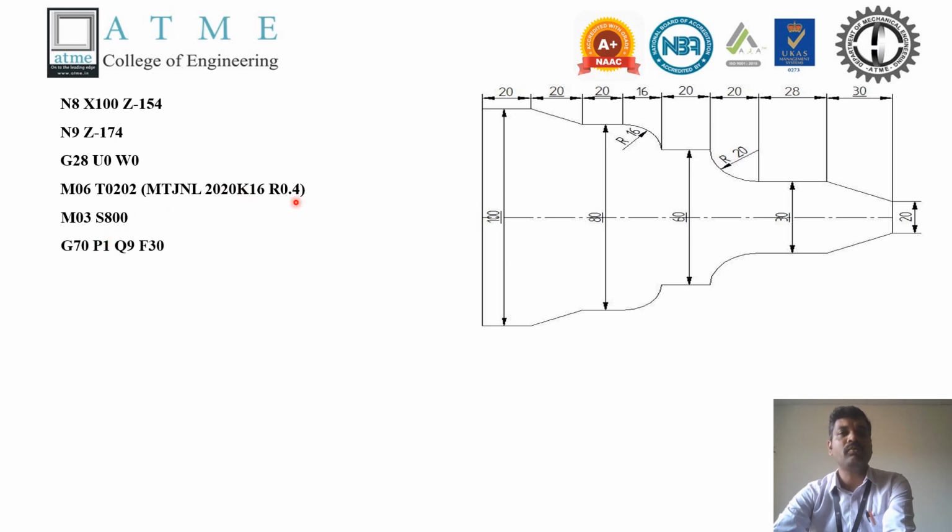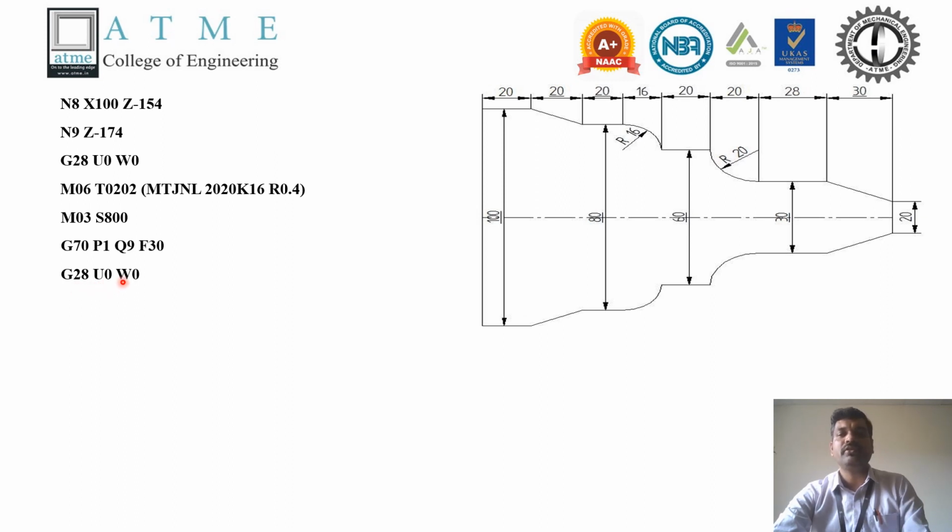Then the fine turning operation cycle will be repeated, that is G70 between P1 to Q9, the same initial profile block to the final profile block, with a feed rate. So depending on the surface finish requirement, we can change the speed and feed. Also the depth of cut remaining is 0.5 mm. So once that is completed, once again go back to the home position.